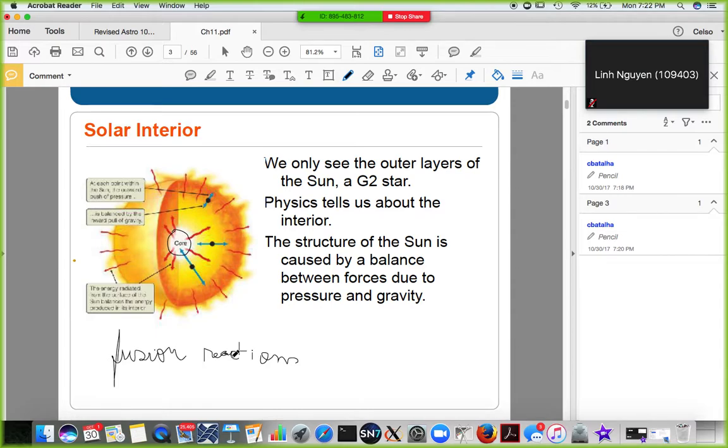One is gravity, and the other is the force produced by radiation pressure on the gas itself that keeps it from collapsing. We call that hydrostatic equilibrium, which will appear in a future section. But important in all of that is that the sun's core is where the energy is produced.